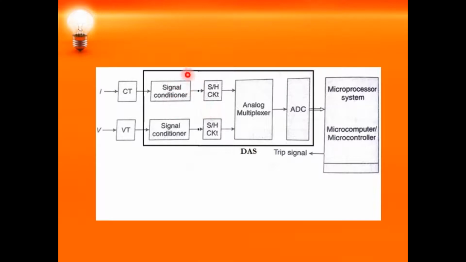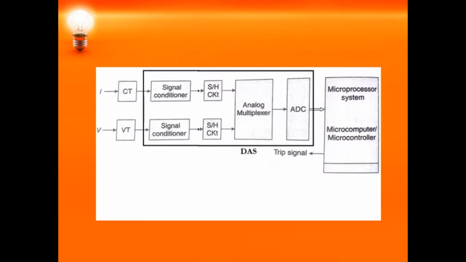The signal conditioner output is fed to the sample and hold circuit, the analog multiplexer, and then to the analog to digital converter. These components will sample the reduced level signals and convert the analog levels to equivalent numbers. The acquired signals in the form of discrete numbers are processed by a numerical relaying algorithm, which in turn will find the fault and make the trip decision.